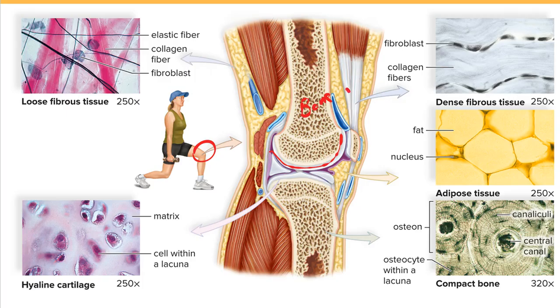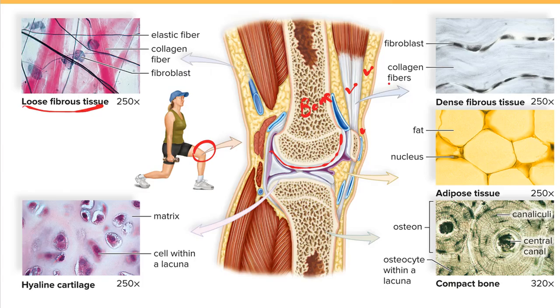You can see the tendon. Tendon is also a connective tissue. Then under the skin is connective tissue. Fat that you can find under the skin and around the joint is also connective tissue. So as you can see, all of them are connective tissue.